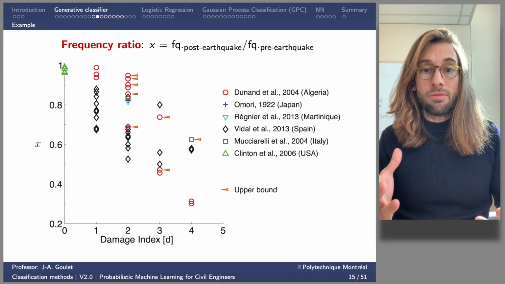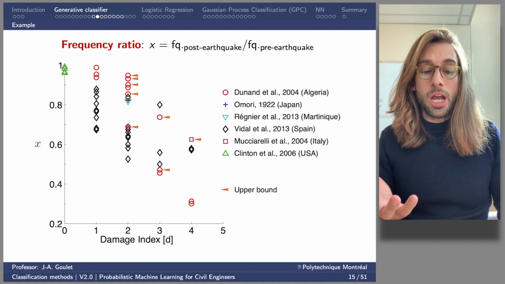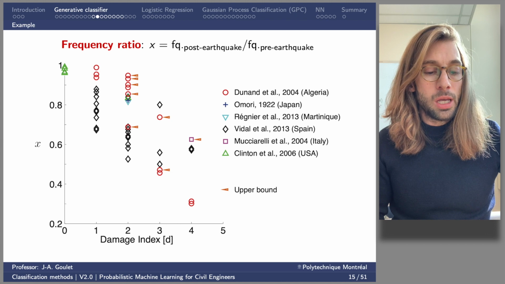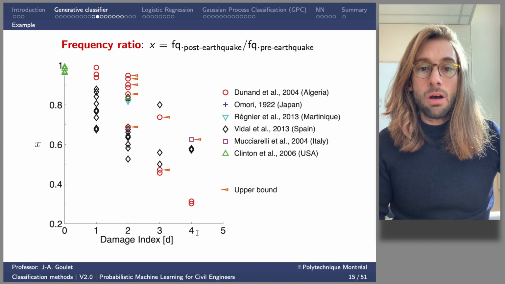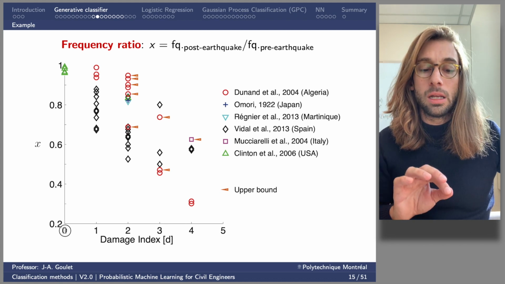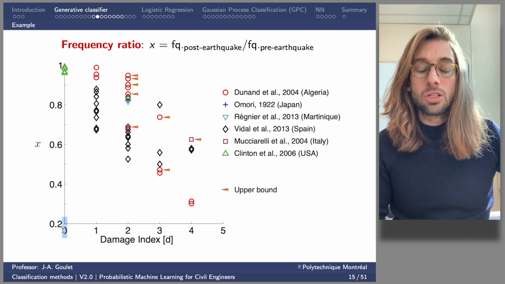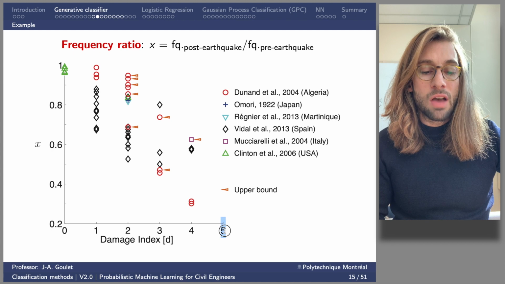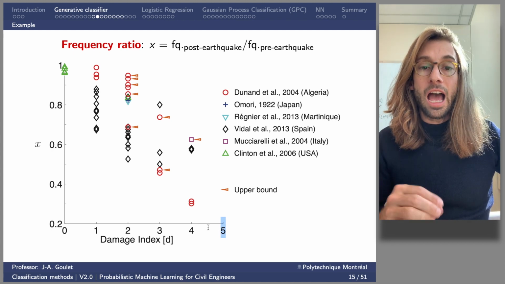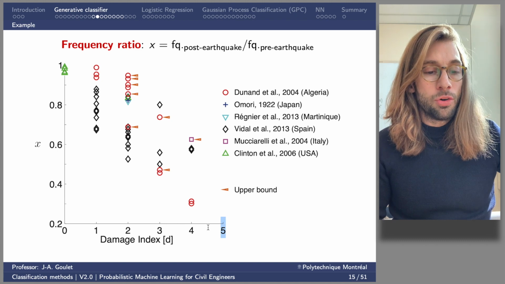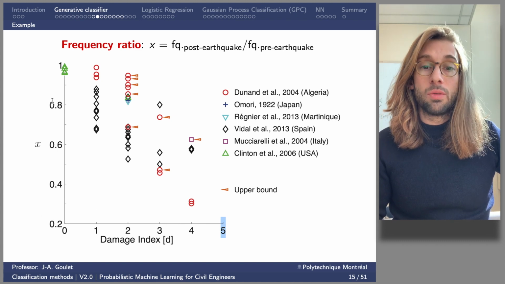And actually, we have empirical evidence that shows this trend. For instance, what we see on the horizontal axis is the damage index, where a damage index of 0 means a perfect state. A damage index of 5 is collapse. In between we have a gradation in the severity of the damage of a building after an earthquake. On the vertical axis, we have the frequency ratio.